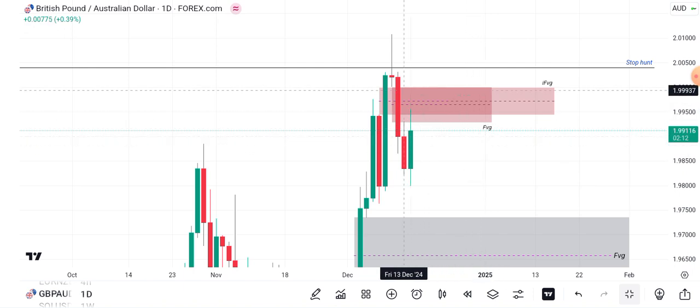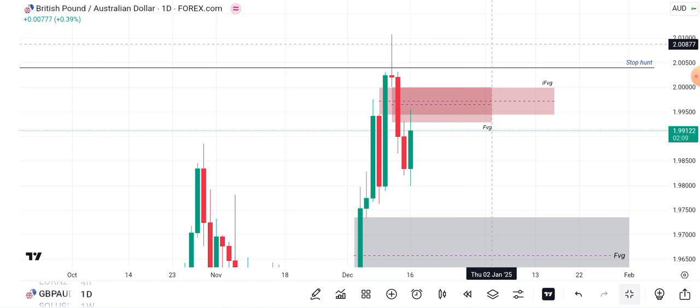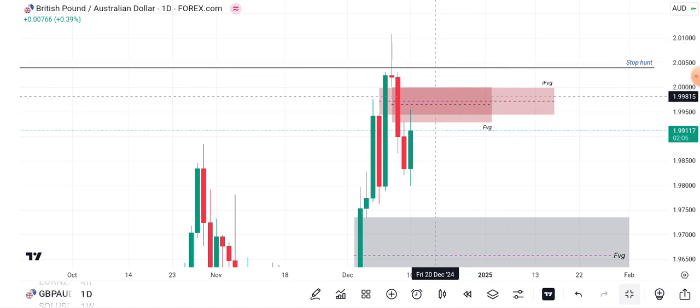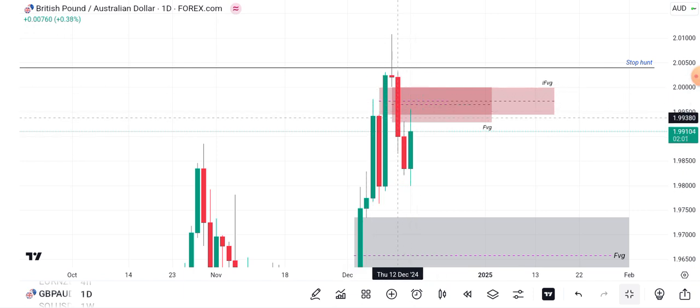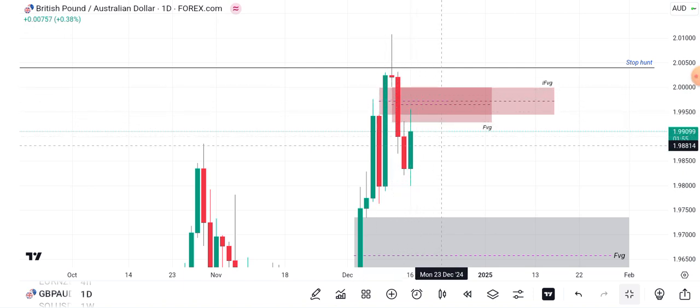So after price had hit the higher time frame old high, it broke through this inversion fair value gap. In this kind of case, I love it. It is very signifying to me that it is willing to drop lower.